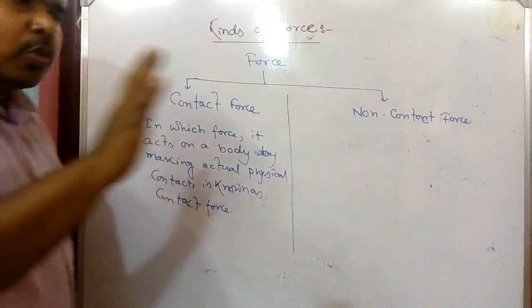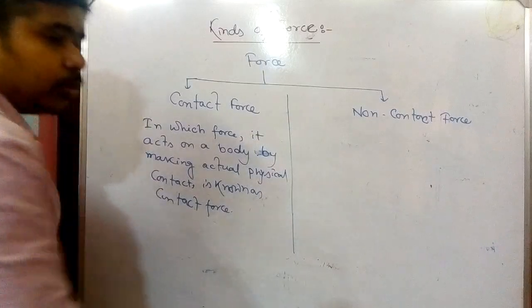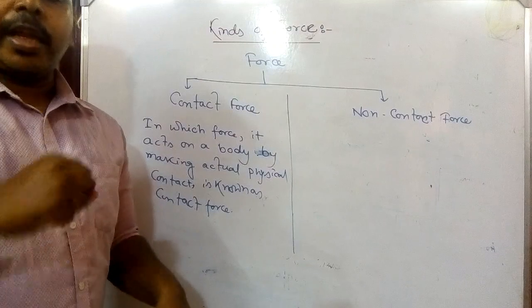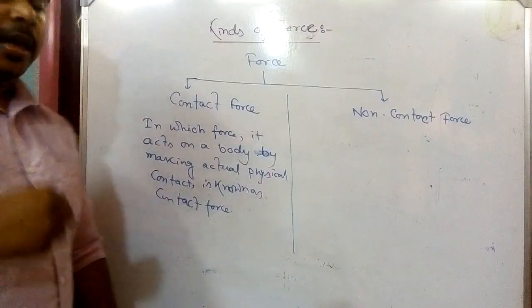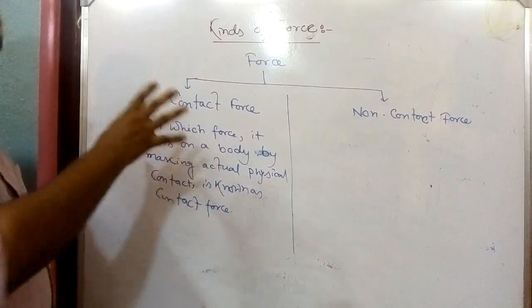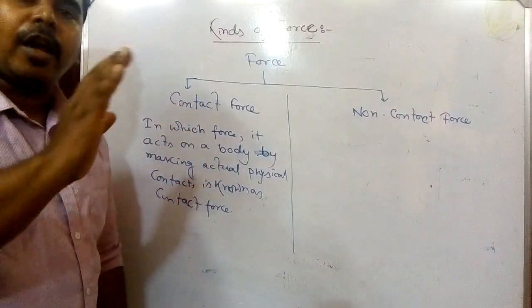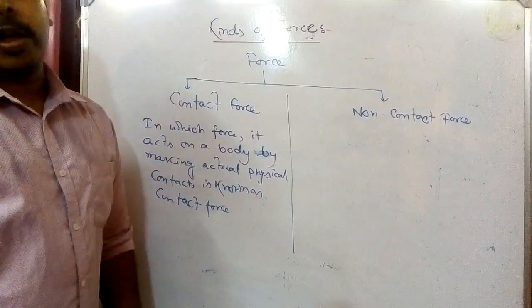If I want to push a body, pull a body, stretch a body, or squeeze a body, in every case I need to touch the body. In which case we apply the force by touching it, by making physical contact, that is known as contact force.